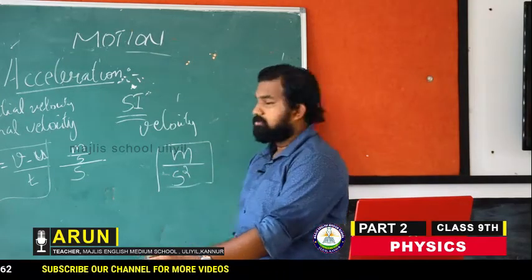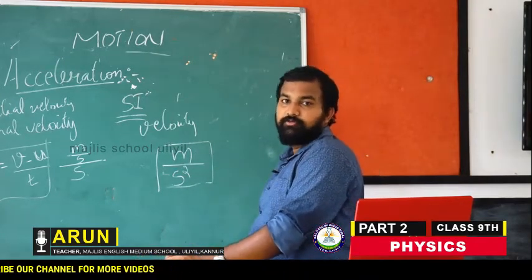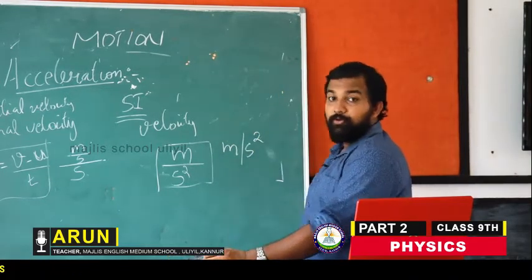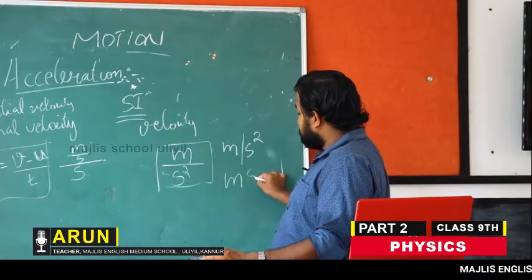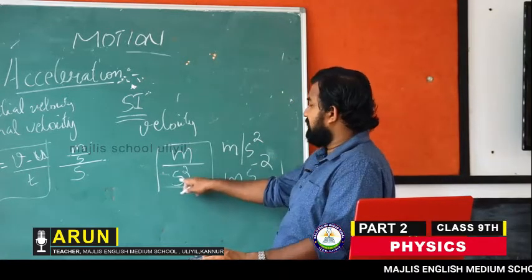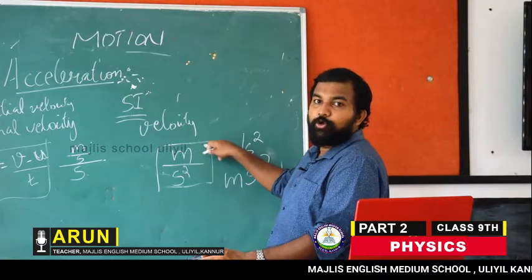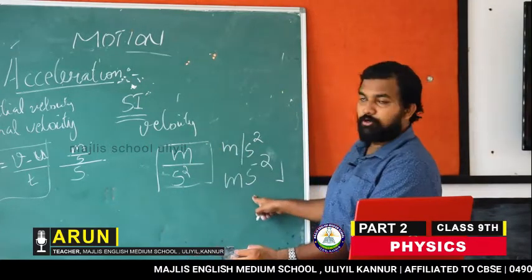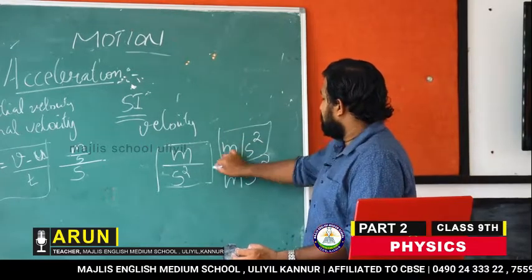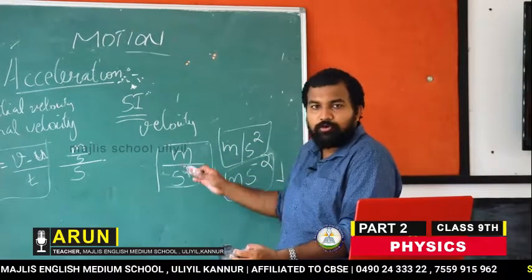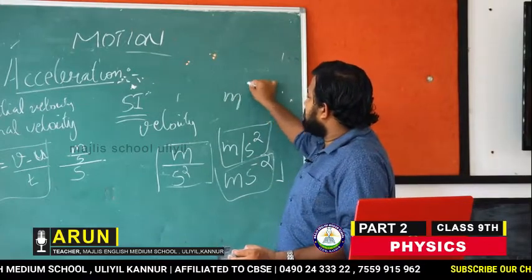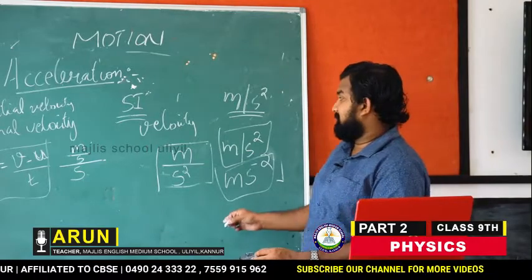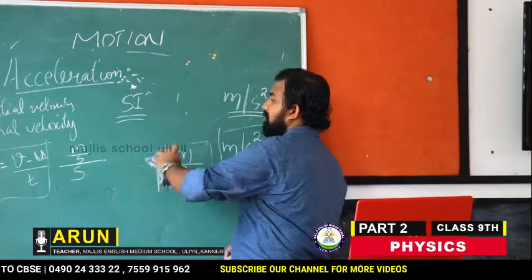We can also write it as meter second raised to minus 2, because we take this s square to the numerator, and it becomes s raised to minus 2. All these three are the same. Meter per second square is the SI unit of acceleration.